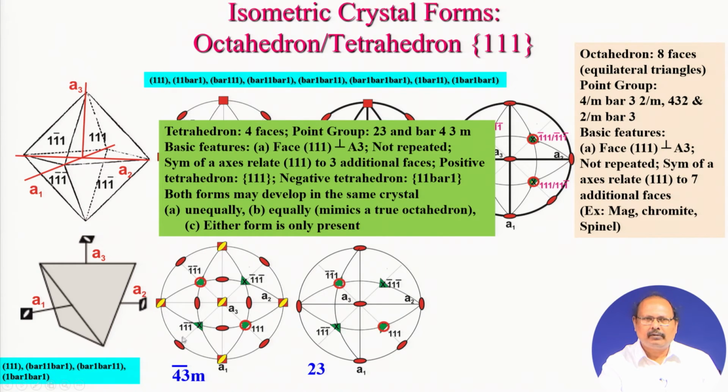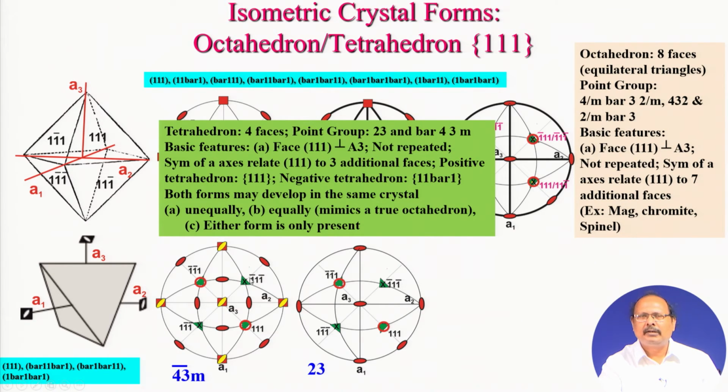Now, if you have 1 bar 1 1, then you will also generate an open symbol here, that will be your bar 1 1 1. So, you still have 4 crystal faces, only their symbols are different, and they are essentially pairs of faces which intersect the negative direction of the A3 axis and the positive direction of the A3 axis.